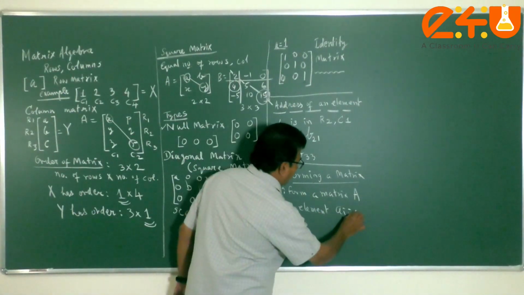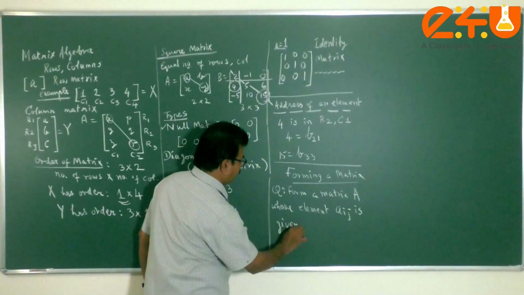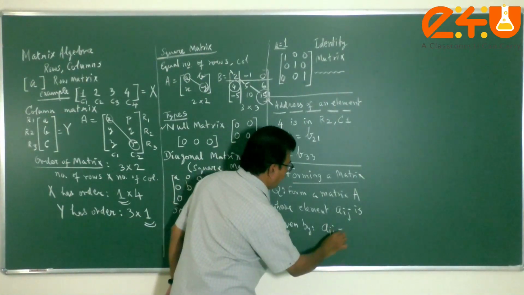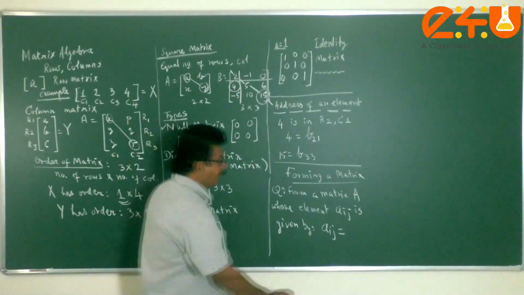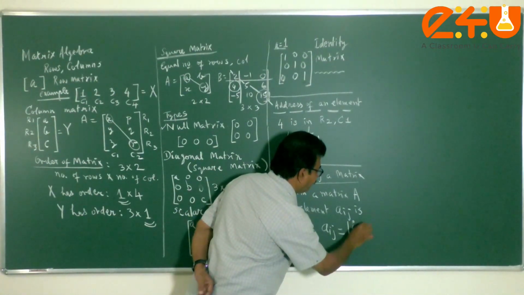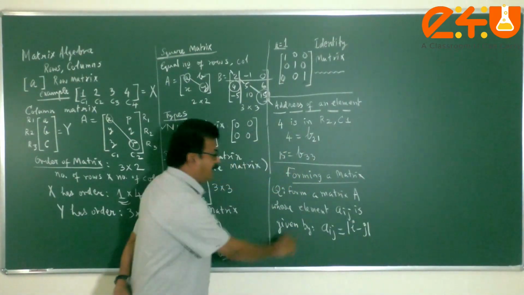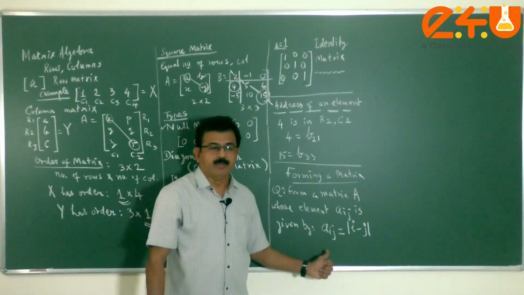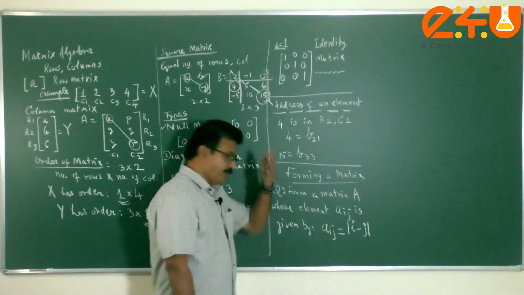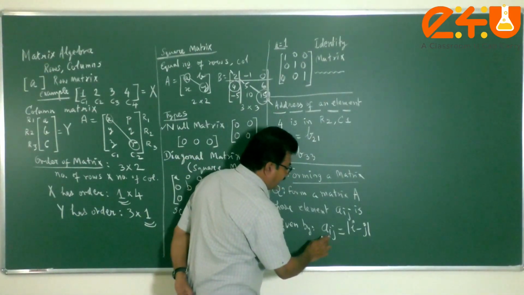So whose element aij is given by a relation like this: aij is mod of i minus j.